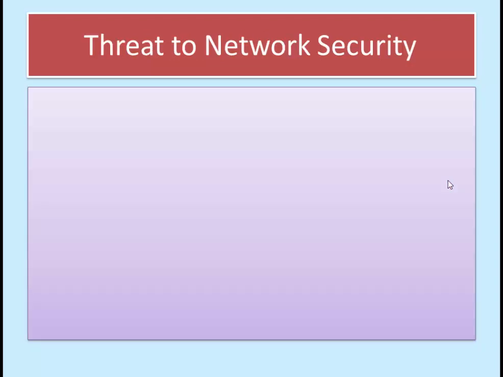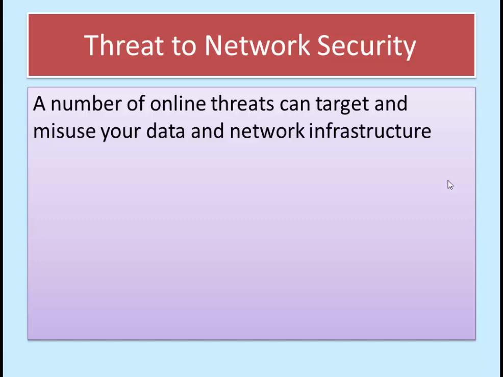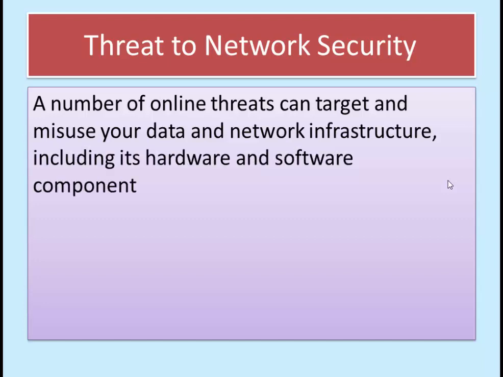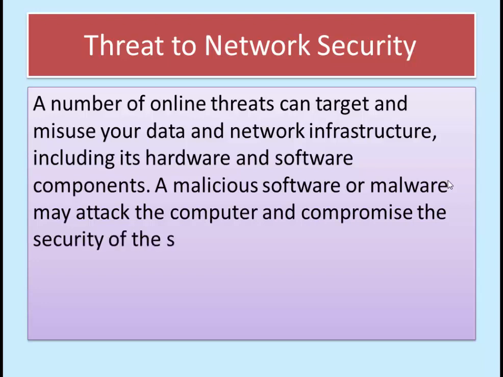First, threats to network security. A number of online threats can target and misuse your data and the network infrastructure, including its hardware and software components. A malicious software or malware may attack the computer and compromise the security of the system.